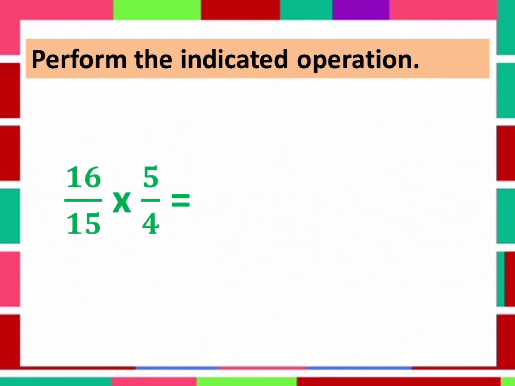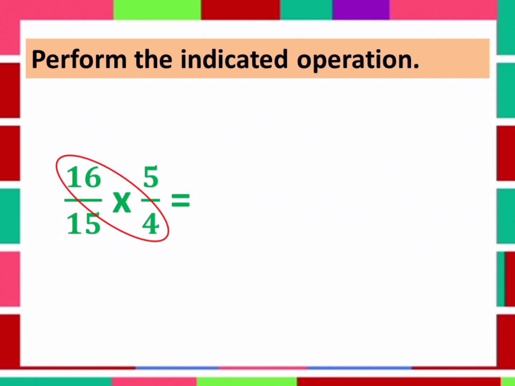You can multiply directly the numerators and the denominators as what we did in the first example. But sometimes, to avoid multiplying bigger numbers, check if the given fractions have a common factor. As you can see, 16 and 4 have a common factor, which is 4. So when we say common factor, meron tayong pwedeng i-divide sa kanilang dalawa para mas lumiit yung kanyang number.